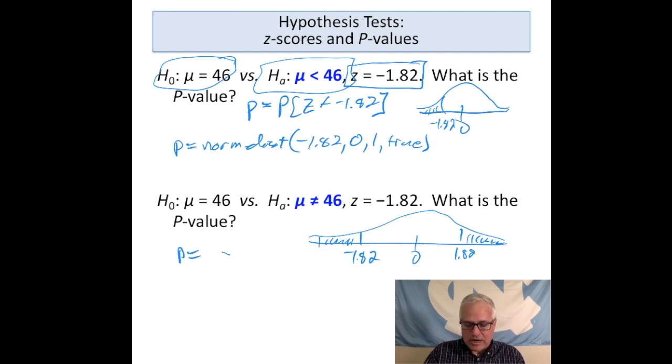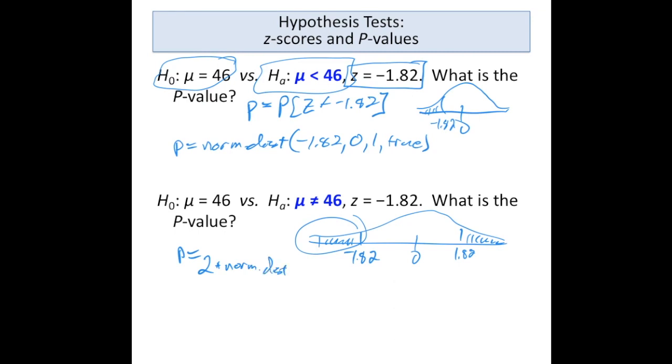You can calculate these two areas separately, but as mathematicians and statisticians, we want to do what takes the least amount of work. It's going to be 2 times this area to the left since the distribution is symmetric. So 2 times what we had above, norm.dist of negative 1.82, 0, 1, true. I'll summarize these answers on the next slide.